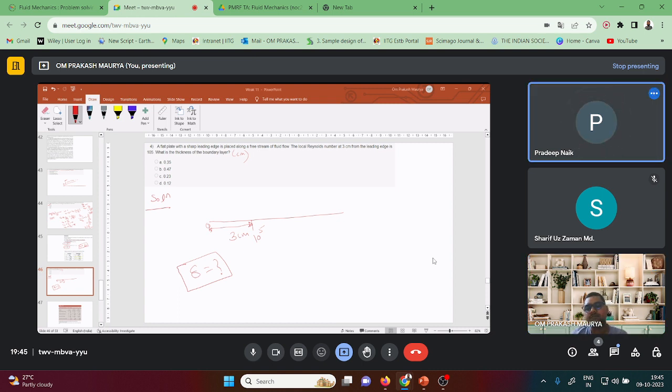So the thickness of the boundary layer depends on the Reynolds number. The Reynolds number is given. If your Reynolds number is in the laminar case, within the critical range, you use the laminar flow formula for the thickness, and from that you calculate.